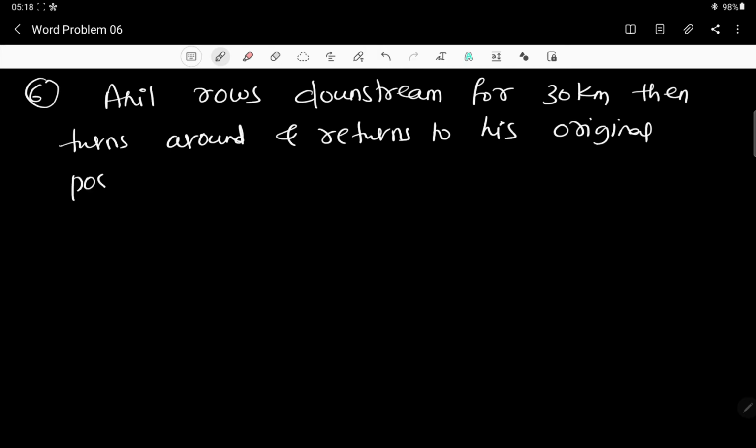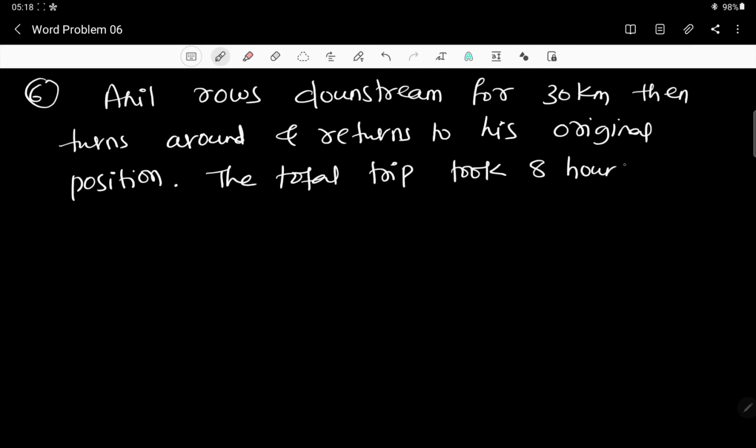After going for 30 kilometers, he turned back and came back to his original position. The total trip took 8 hours. I mean, for this going and coming back, it took him 8 hours.